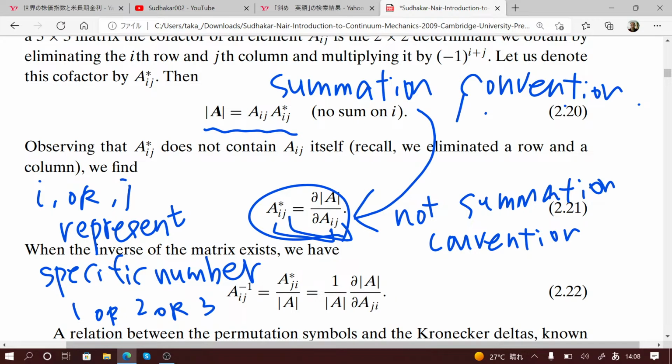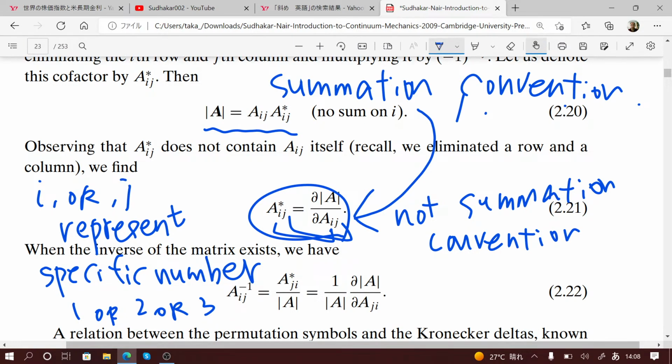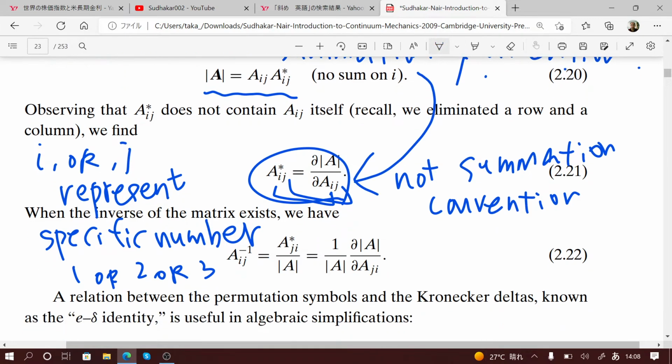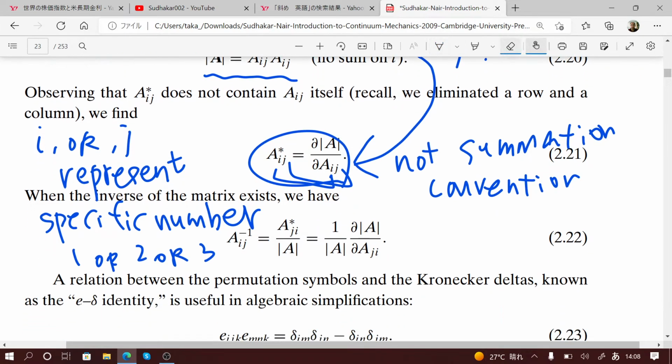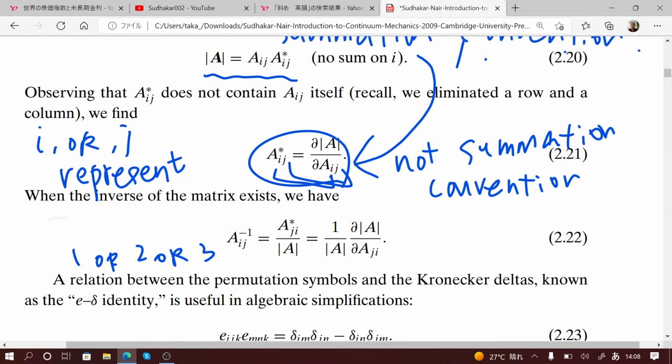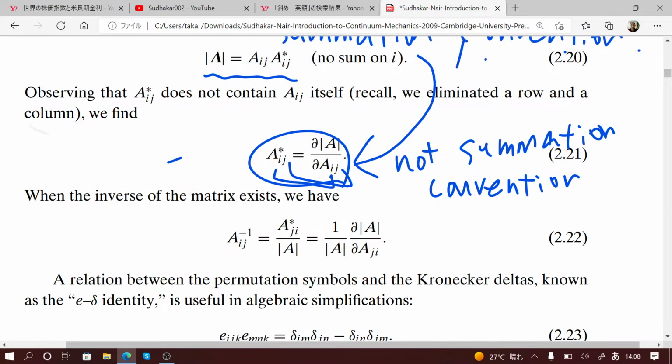Yeah, I think you have to work it out to understand more precisely, or to convince yourself. You have to work it out somehow.